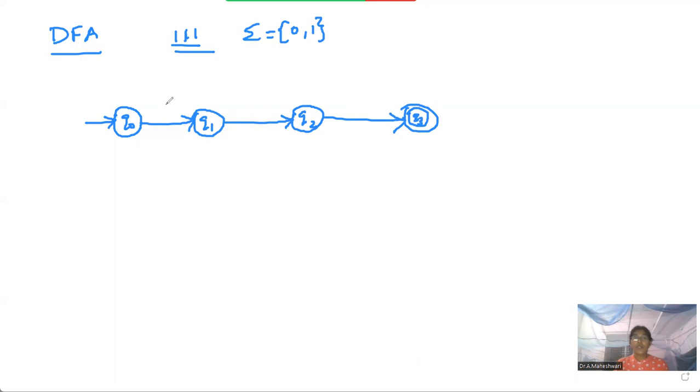Okay, 4 states are there, right? Each edge uses only one input symbol, recognized one at a time. Now our constraint is satisfied. What is the initial state here? Q0. What is the final state? Q3. In between, I have used 2 different states.